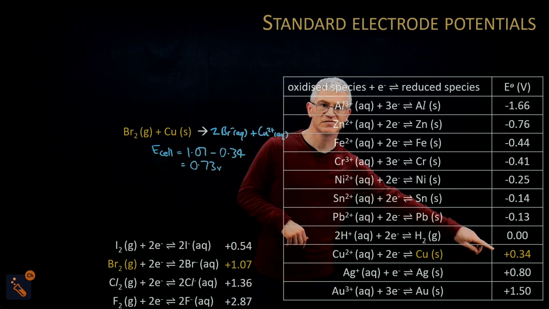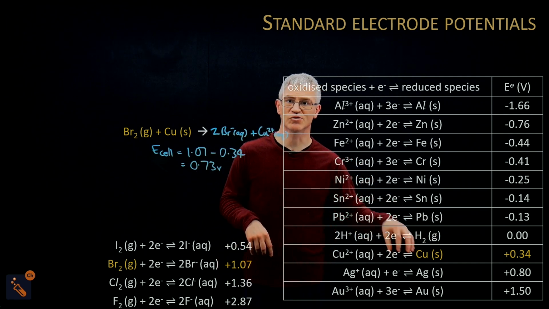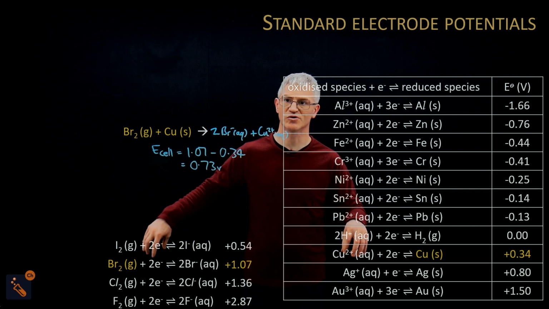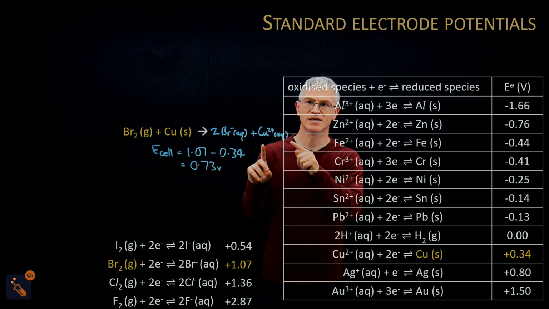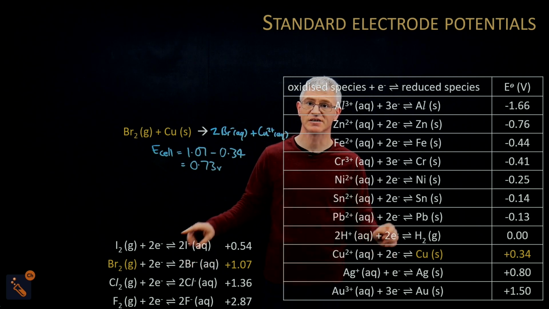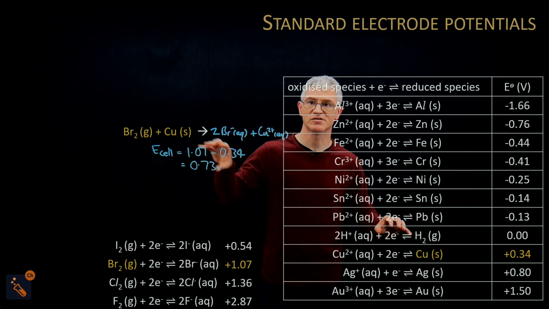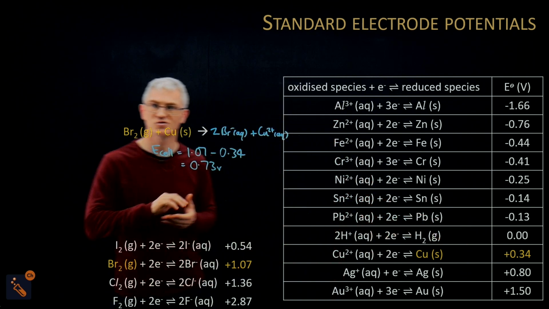This one is the most negative, 0.34, and therefore it will lose. So all we did is take what copper turns into, copper 2 plus, and what bromine turns into, and we put them as our products. We then cancelled out the electrons because there's 2 electrons in each one. And then we did 1.07 minus 0.34 for most positive minus most negative, and that's how you do your cell potential.